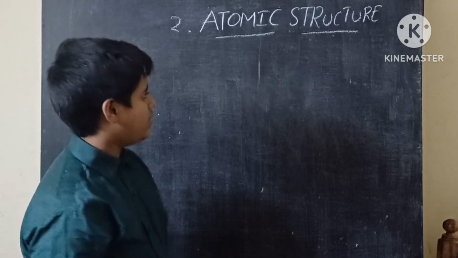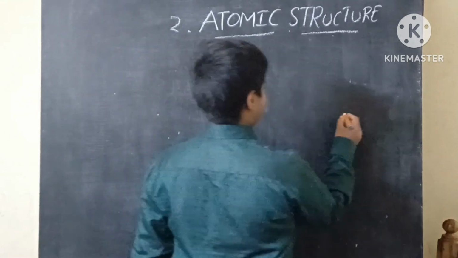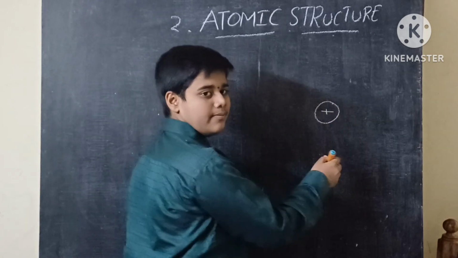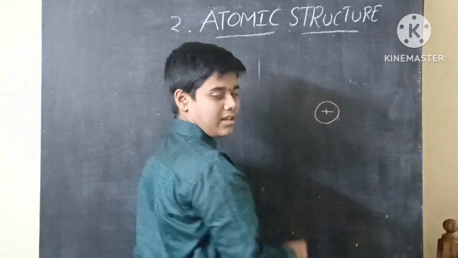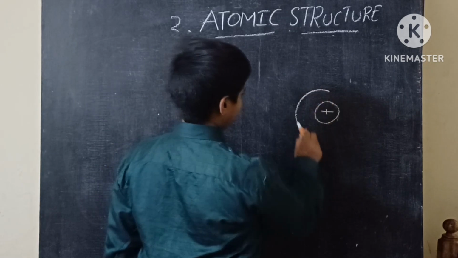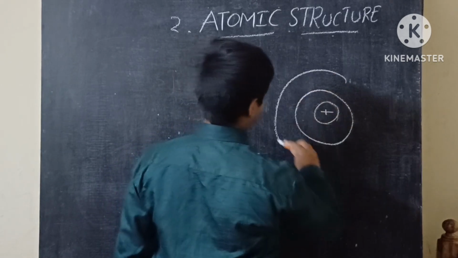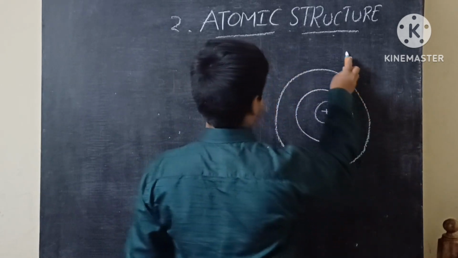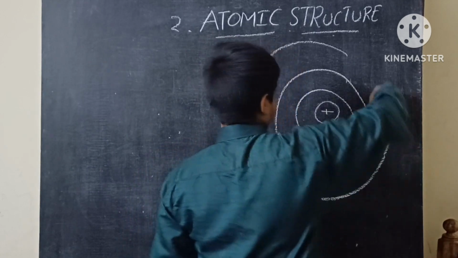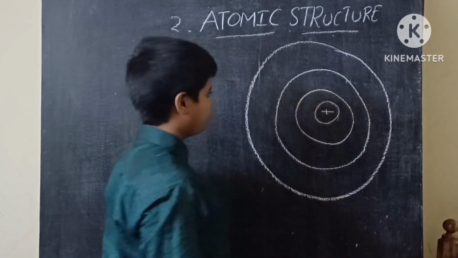Okay. So if you see the atom, this is positively charged and this is surrounded by a shell or orbit or a state. So this is the first orbit, second orbit, third orbit.